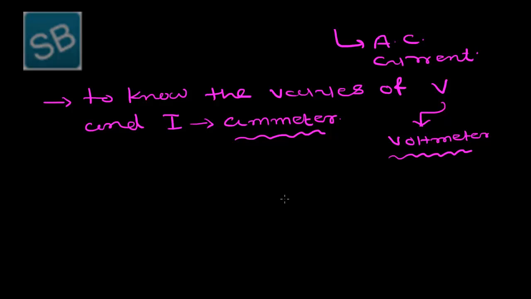If we try to find the average values of AC voltage or AC current, the average voltage will be 0, and the average current will be 0, because it is a function of sine or cosine.